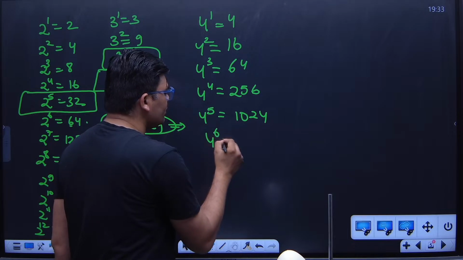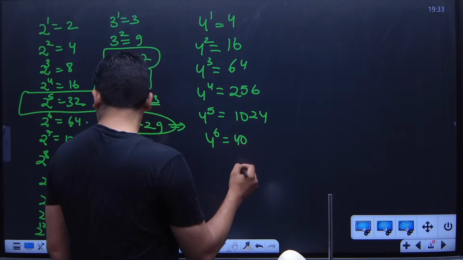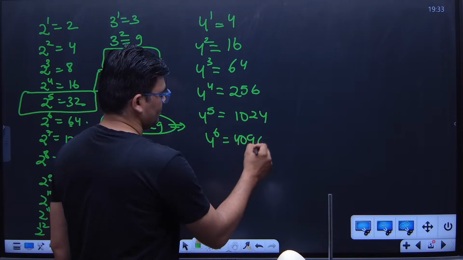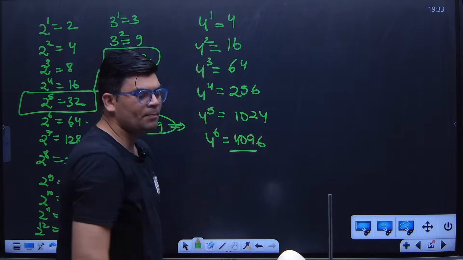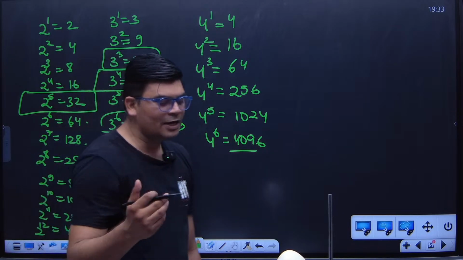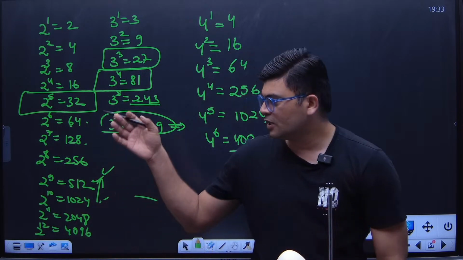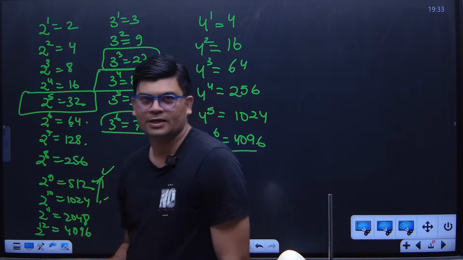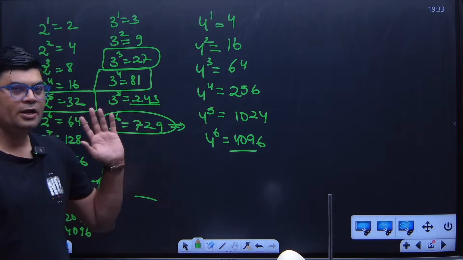And 4 raised to the power 6 is 4096. So no need to remember the powers of 4. You can link that with the powers of 2, and you can remember just like that.